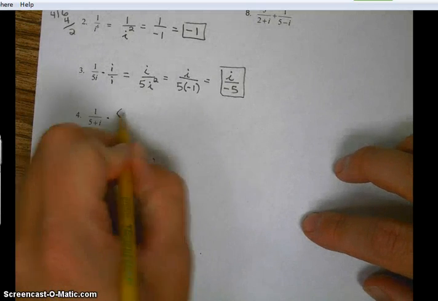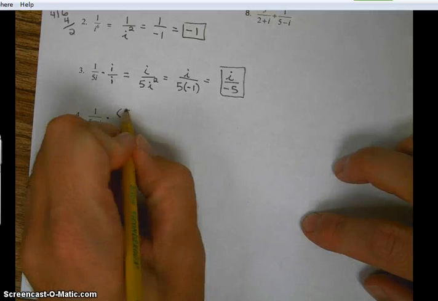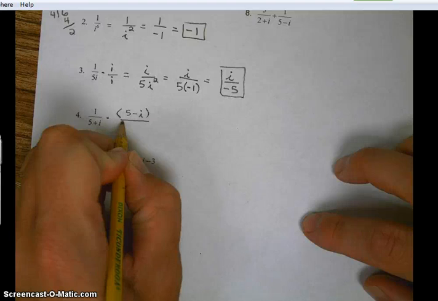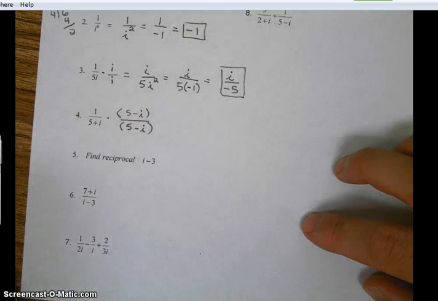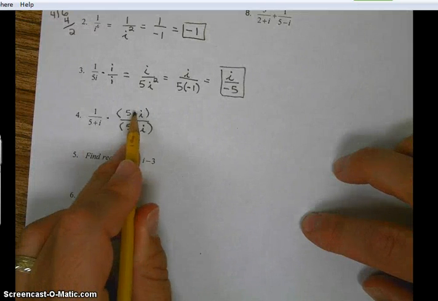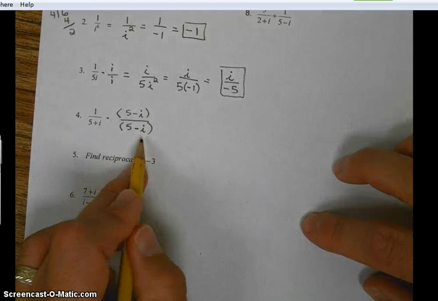So the complex conjugate is, that's right, 5 minus i. Very good job. So multiplying by the conjugate of 5 plus i, which is 5 minus i over 5 minus i, which again is 1.